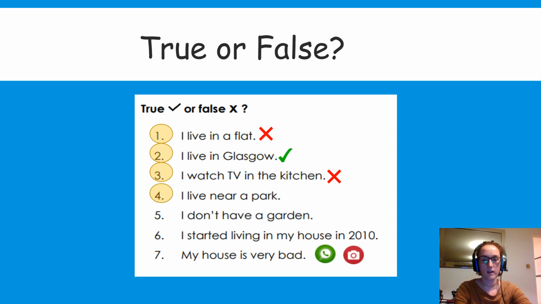Number 4, I live near a park, is true. Number 5, I don't have a garden, false. Number 6, I started living in my house in 2010, false.